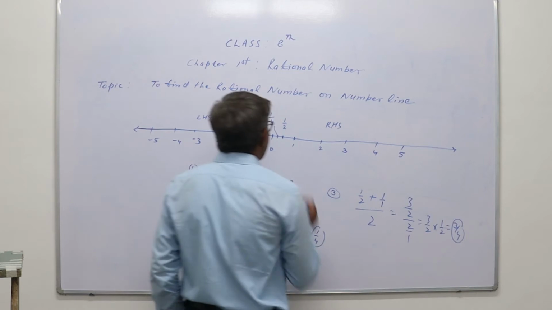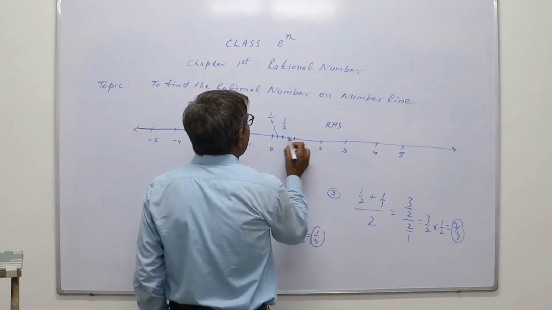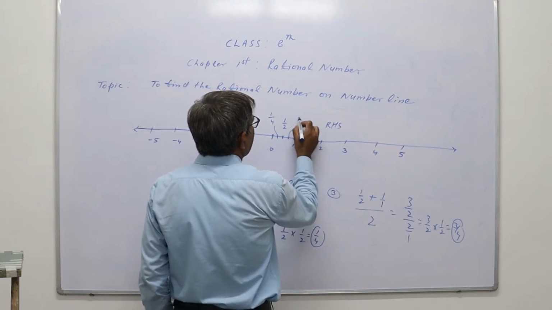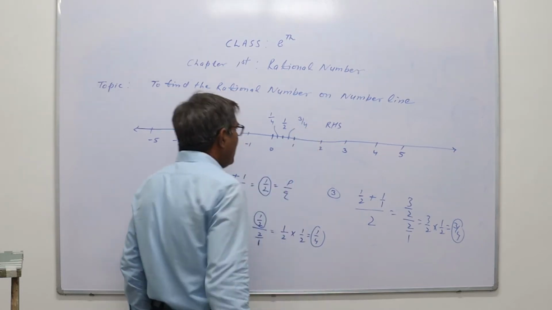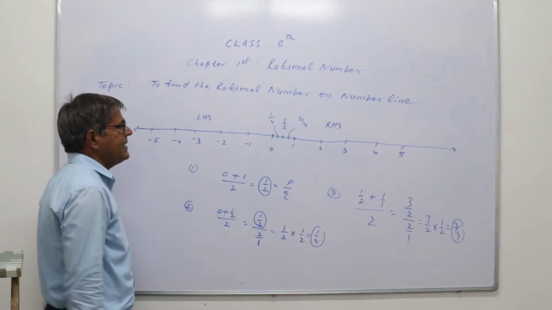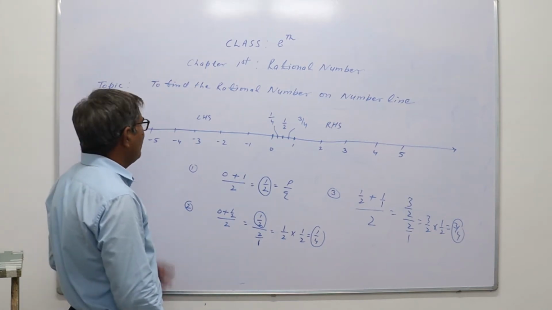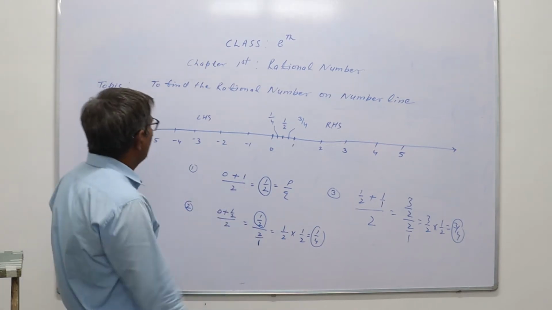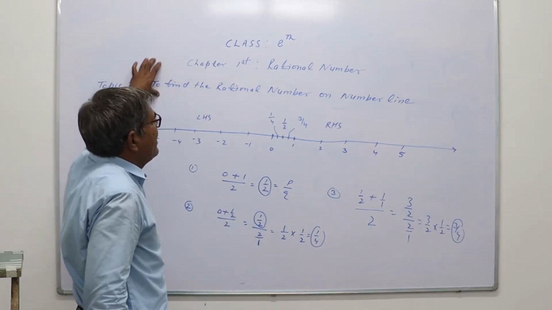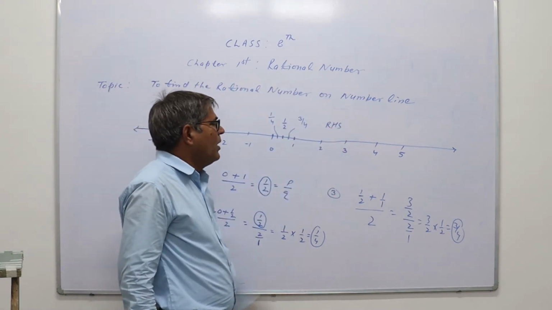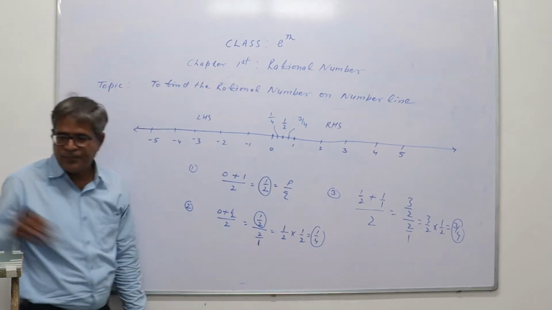So this 3 by 4 lies between 1 by 2 and 1 and it will be represented by 3 by 4. In this way, we can find thousands of rational numbers between the given integers. This is how we find the rational numbers between two given integers.